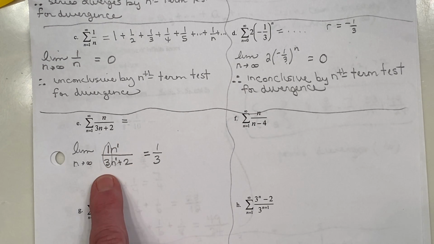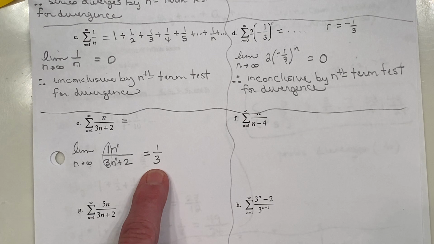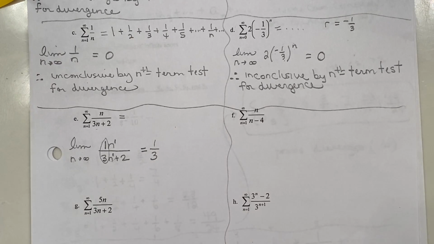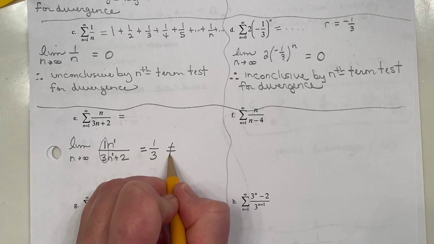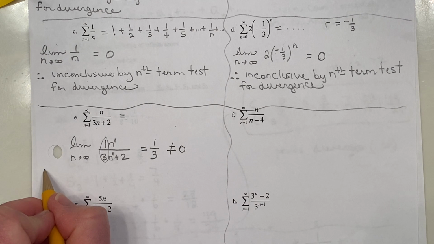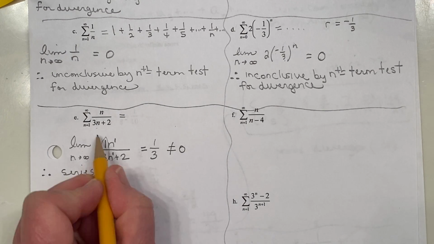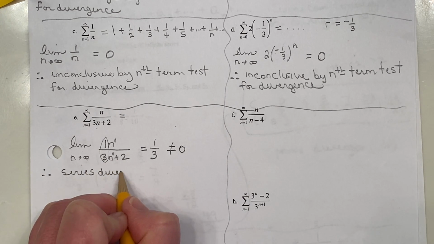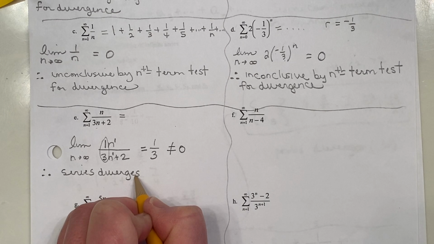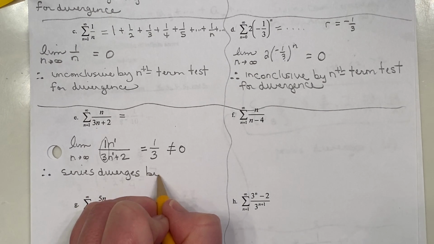So what's an infinity divided by 3 infinities? Well, that ratio would be 1/3. All right. 1/3 does not equal 0. Therefore, we can say that this series diverges by the nth term test.